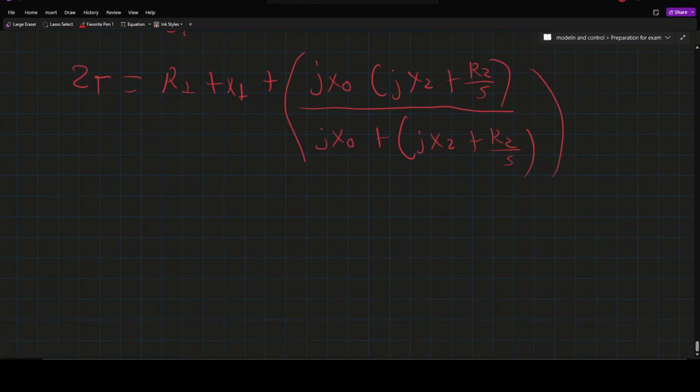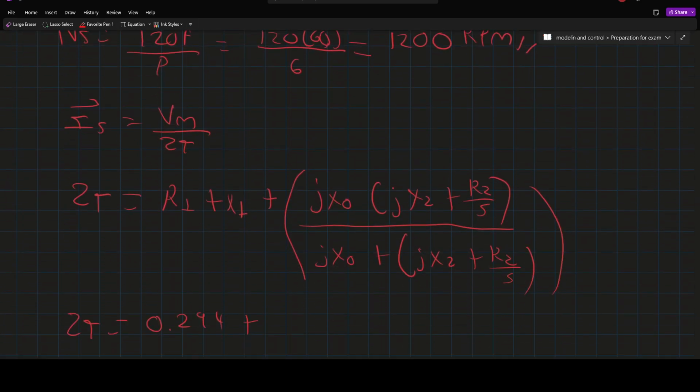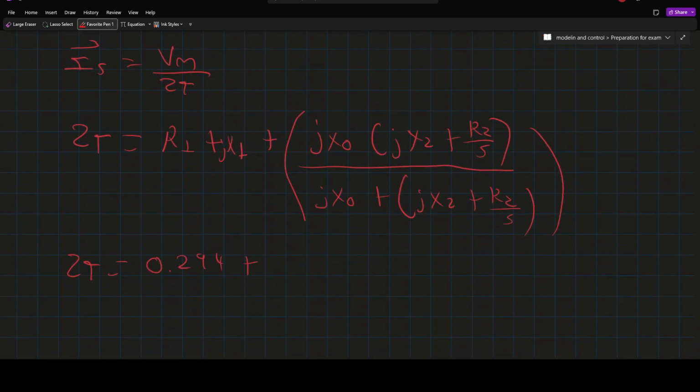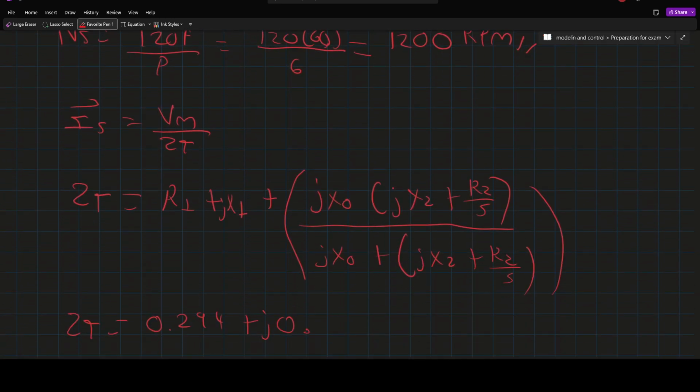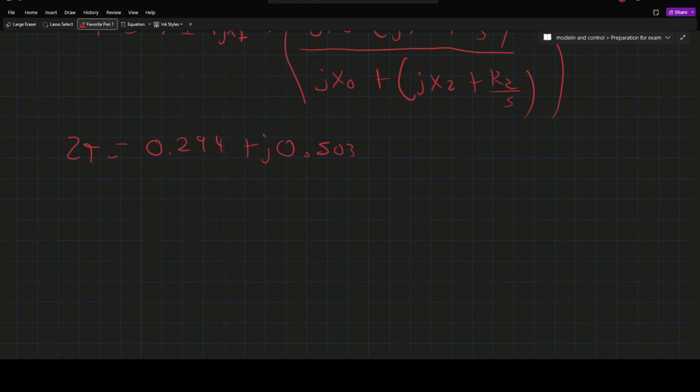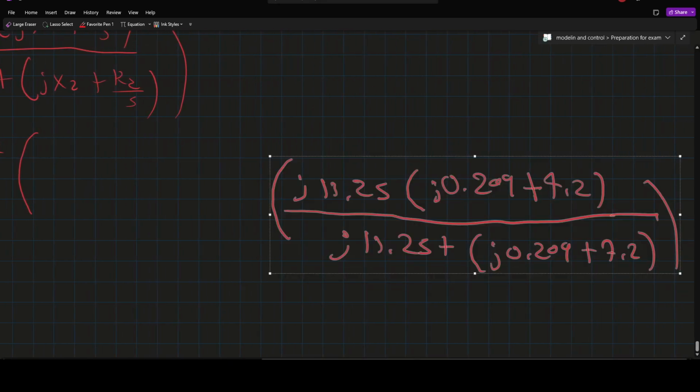Okay, so if we plug everything in, we get 0.294 for R1 plus jX1, plus j0.503, plus all of these values that we just have over here. Just going to move it here.